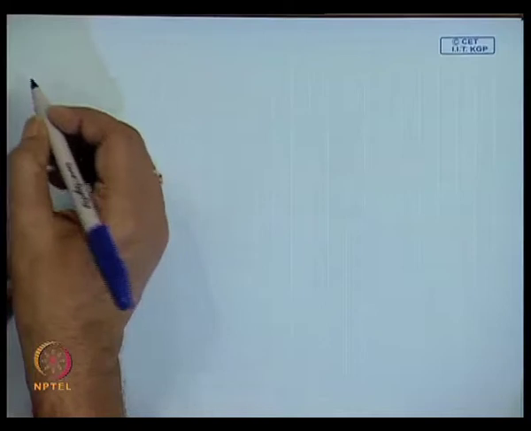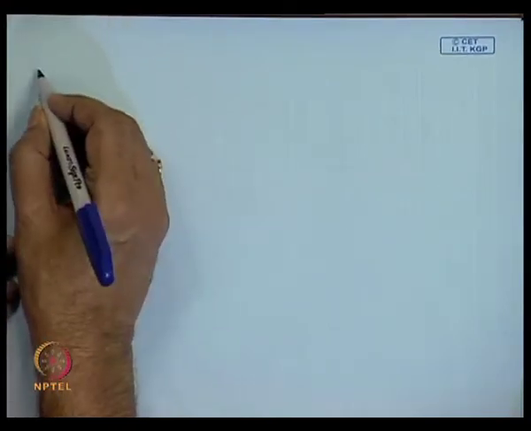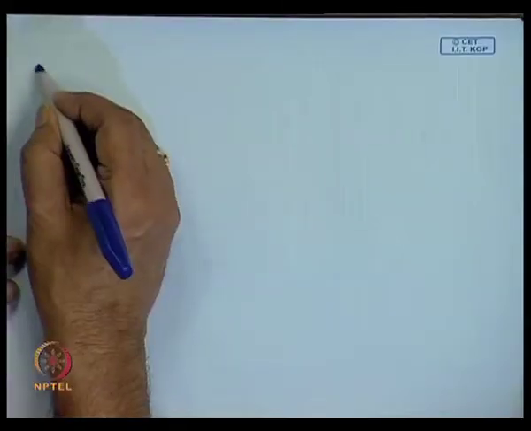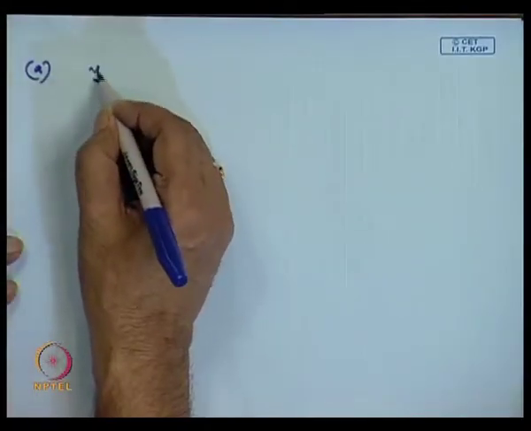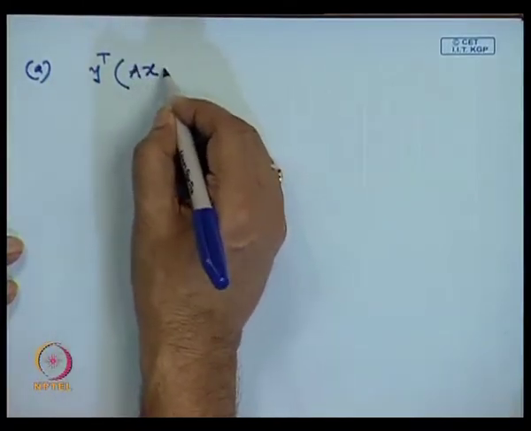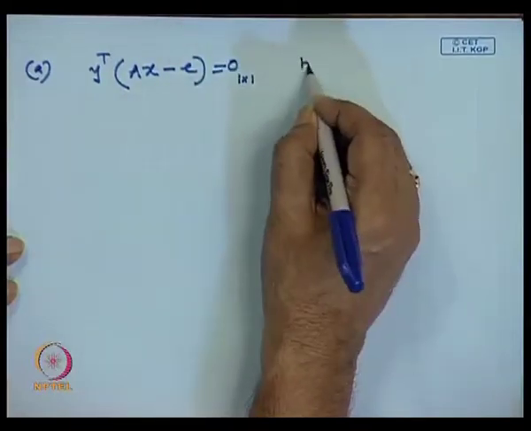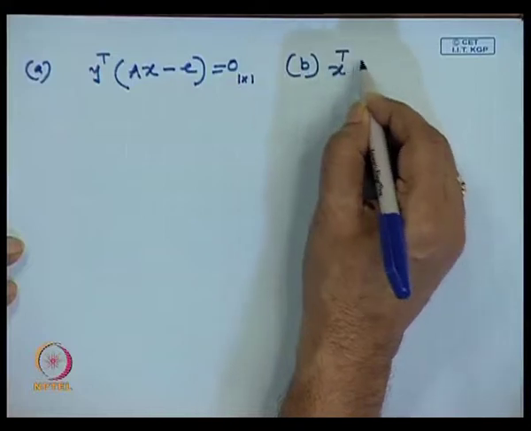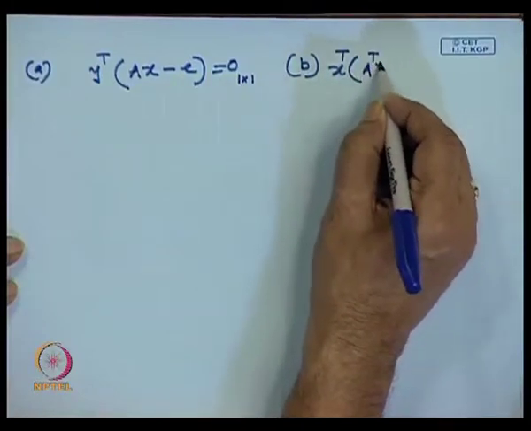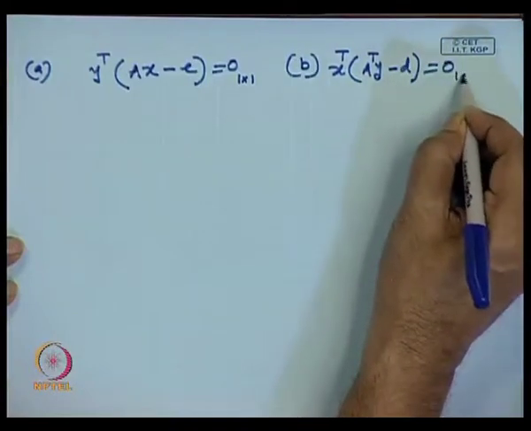So, now see our complementary conditions, which imply the relationship between the dual variables and the primal variables. These are the two equations. If you see, y transpose into A x minus E is equal to 0, and this is 1 cross 1. Then another condition is x transpose A transpose y minus D is equal to 0, this is 1 cross 1.